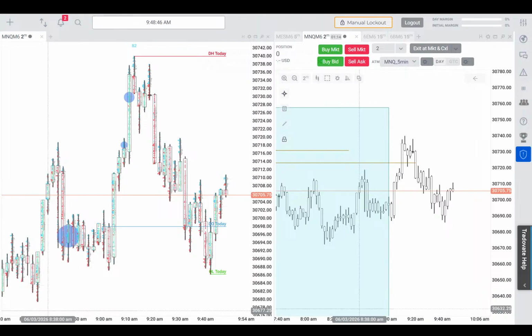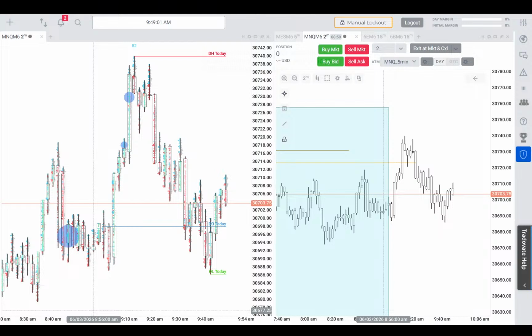Let's have a look at the MT5 thing, see if it does anything. Checking Helios. Okay, my computer doesn't want to play with me. What's going on? Okay, and we are filled on some orders.